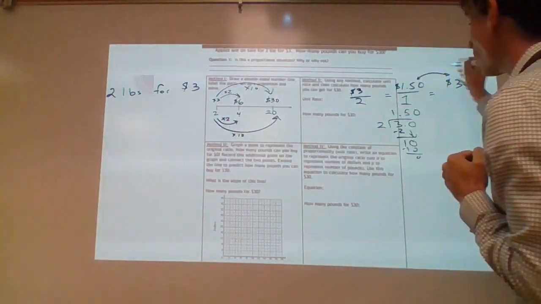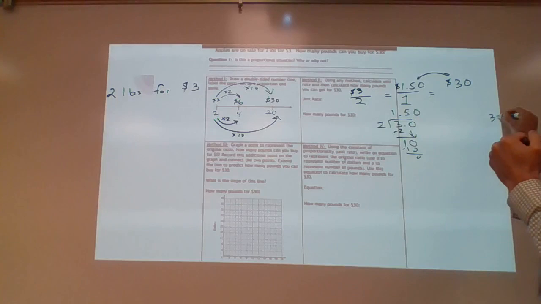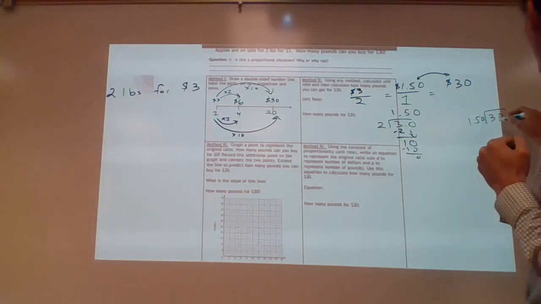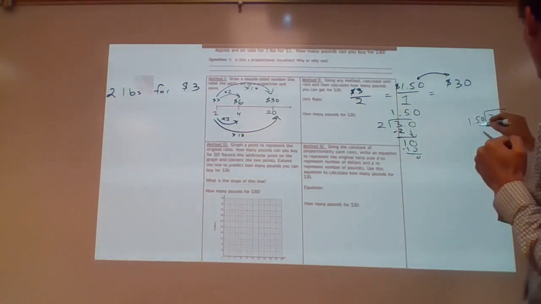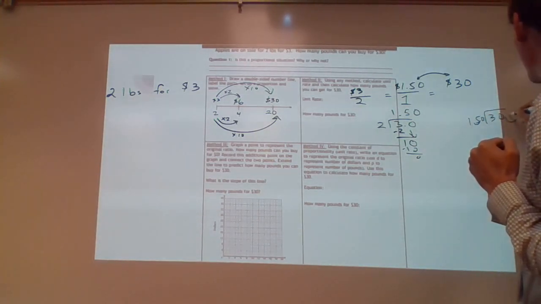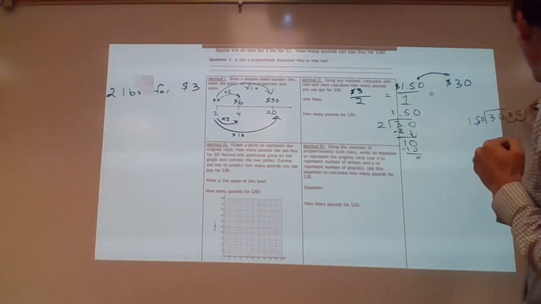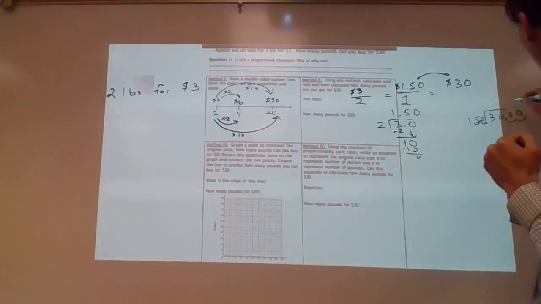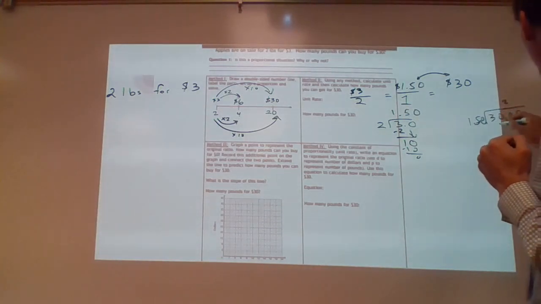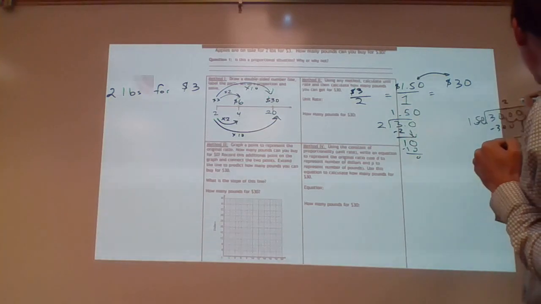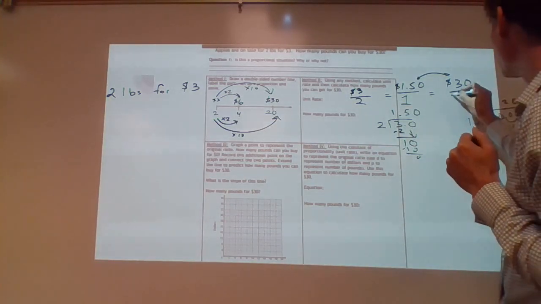So maybe you want to go in reverse and divide. 1.50 going into 30, and of course it goes in 20 times, because if we divide, we're really moving the decimal. So we can get 20 that way.